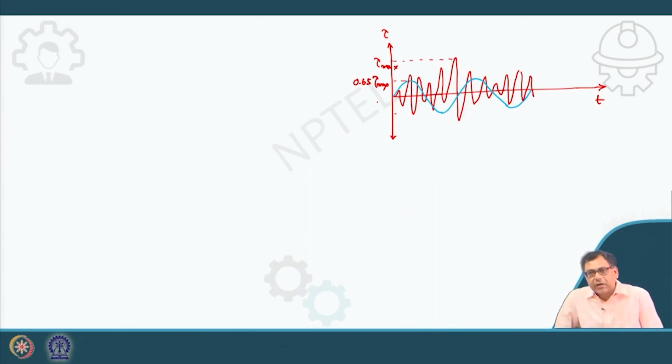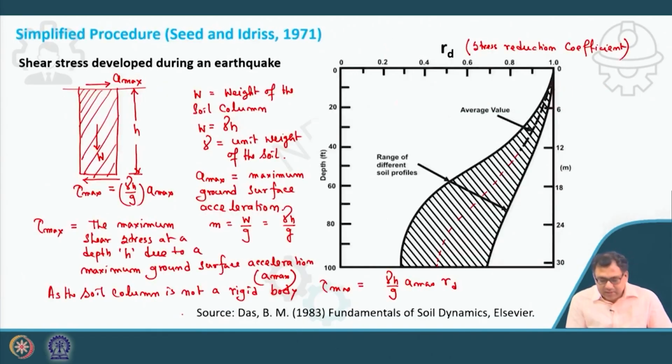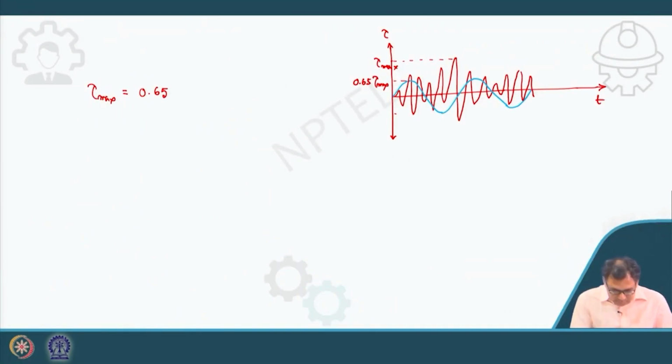So instead of tau max, I should write tau average, tau AV, which is 65% of tau max. Now how much is the tau max value?